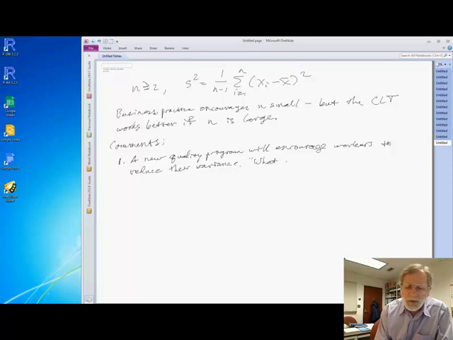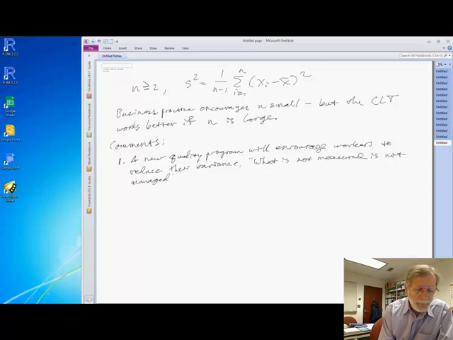"What is not measured is not managed" is one of the current new business buzz phrases.